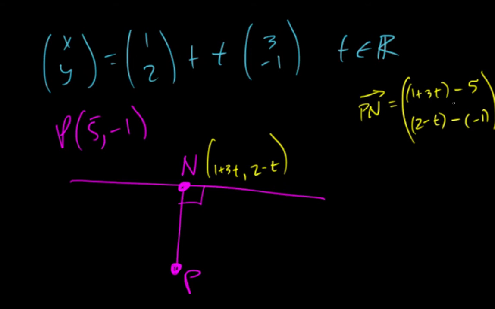So 1 minus 5 is going to give us -4, and this is like a plus sign, so 2 plus 1 is 3. Alright, so that's the simplified version of PN.